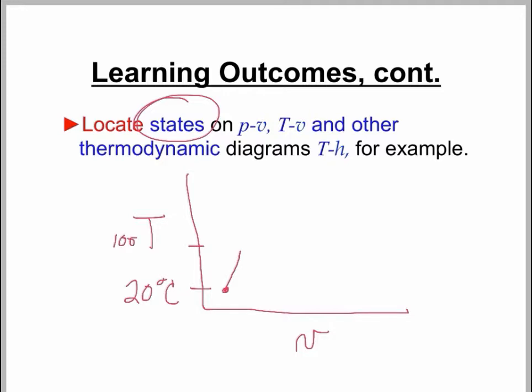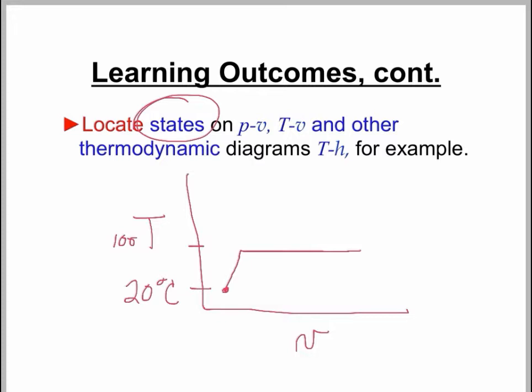And what happens at 100 degrees? I change phase, and that liquid water goes into vapor form. So you can imagine that the specific volume of the vapor at 100 degrees gets much, much larger. But the temperature doesn't change.